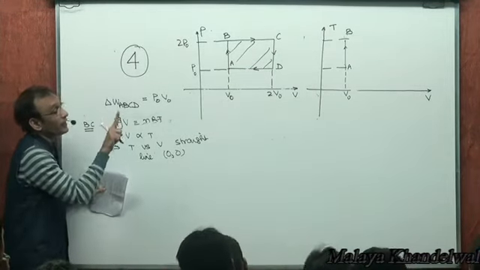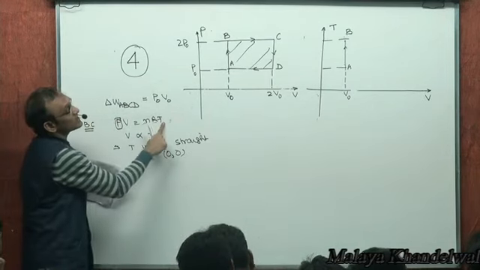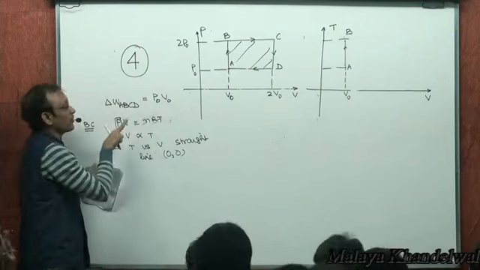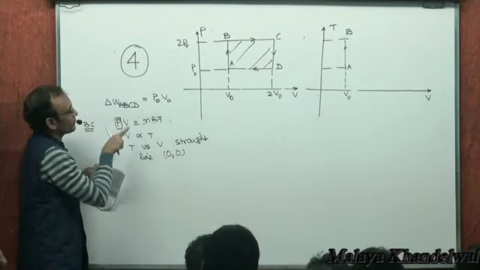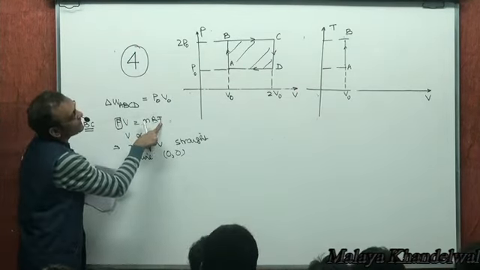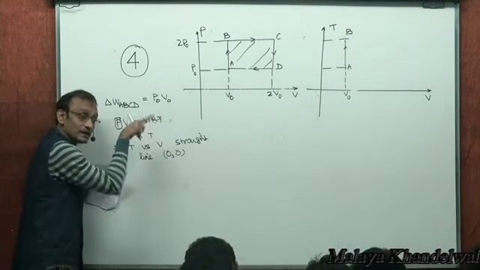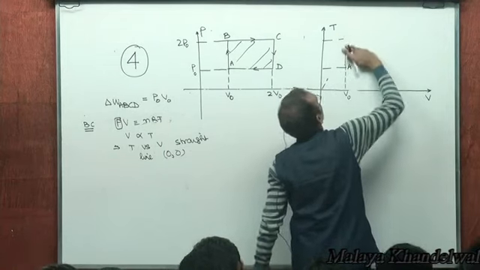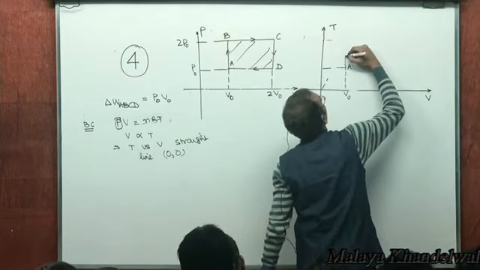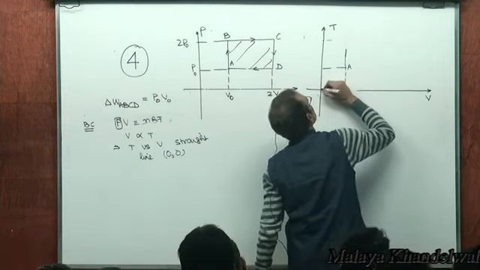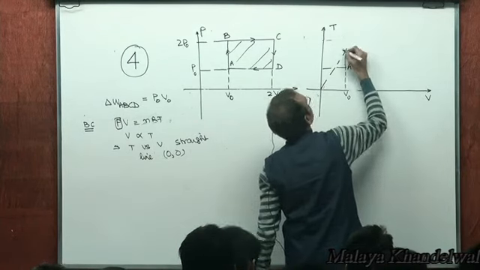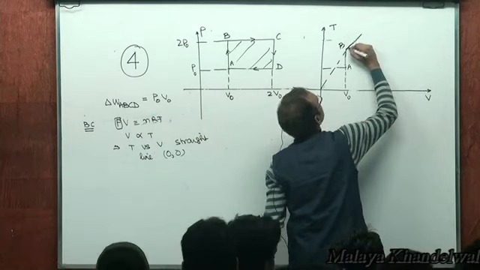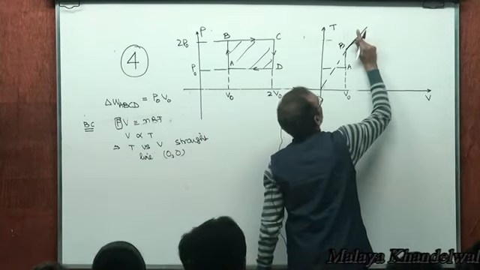B to C. And since V is increasing, T will increase, right? So it's a straight line. Let me make it a little smaller so that it's easier to draw this. This is B. B to C would be like this. Yes or no?